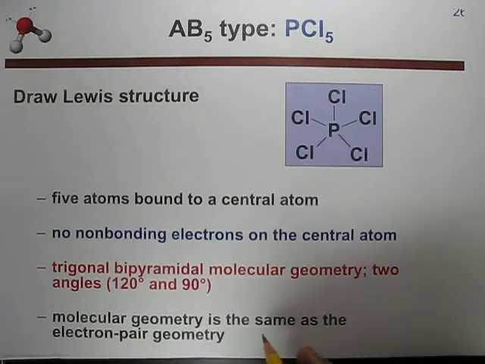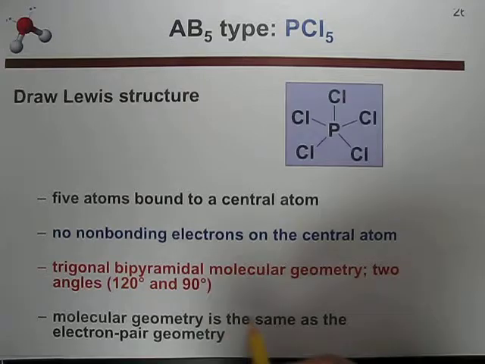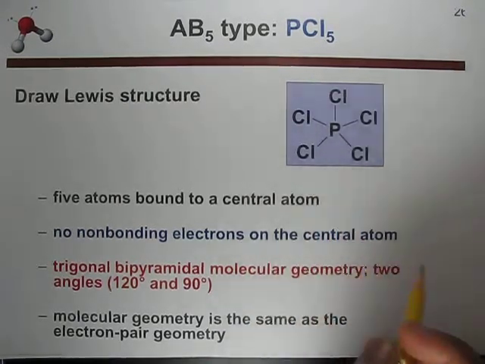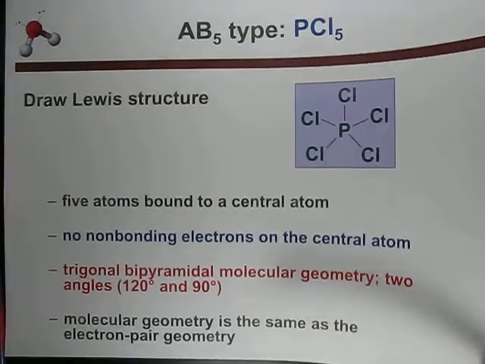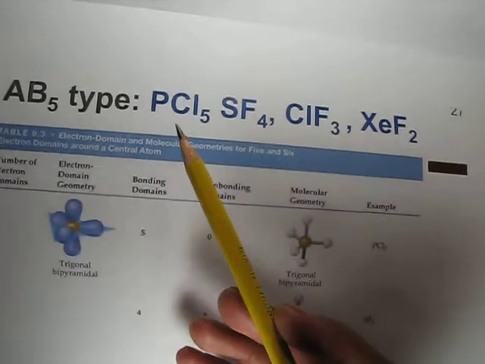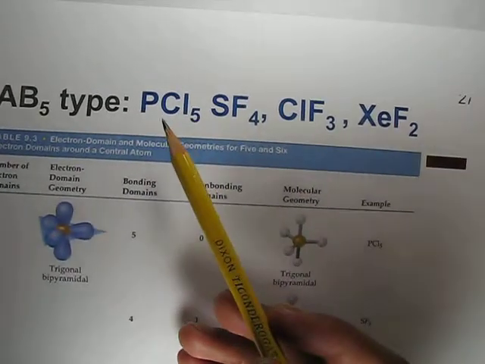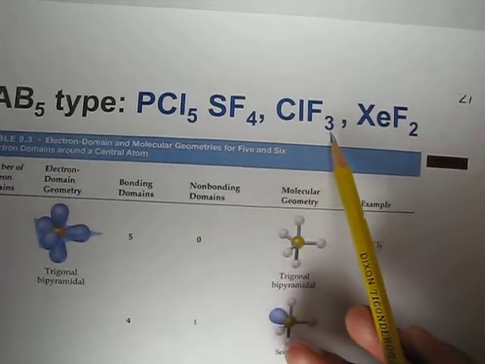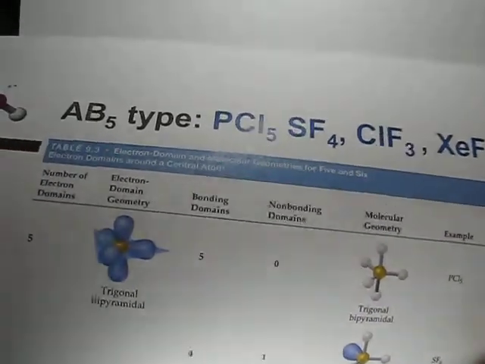The molecular geometry is the same as the electron pair geometry because there is no non-bonding electron pair on the central atom. Let's see some examples in the chart so we can understand better. These are some examples of AB5 type molecular bonding: PCl5, SF4, ClF3 and xenon difluoride.